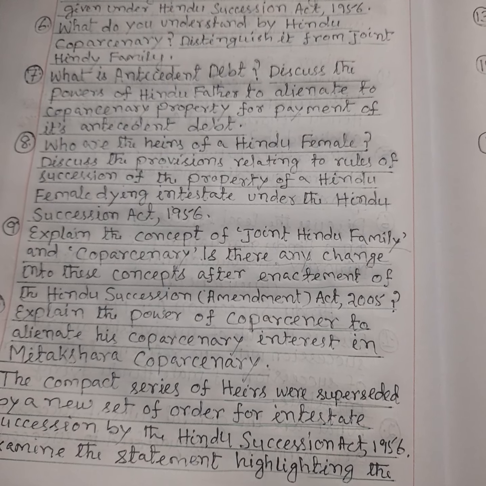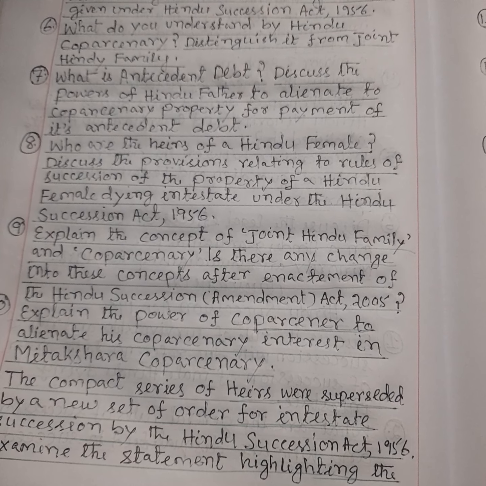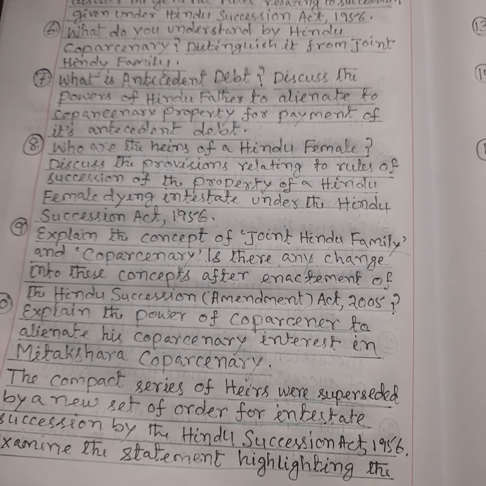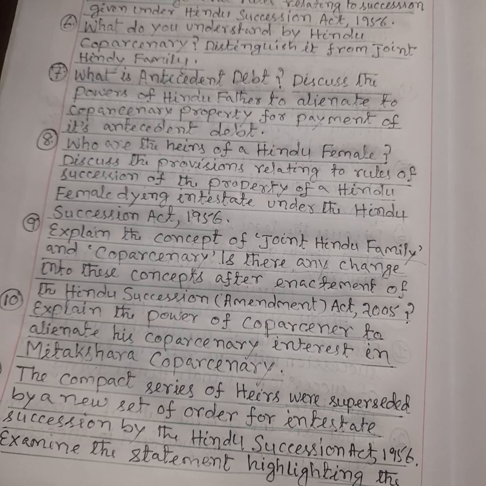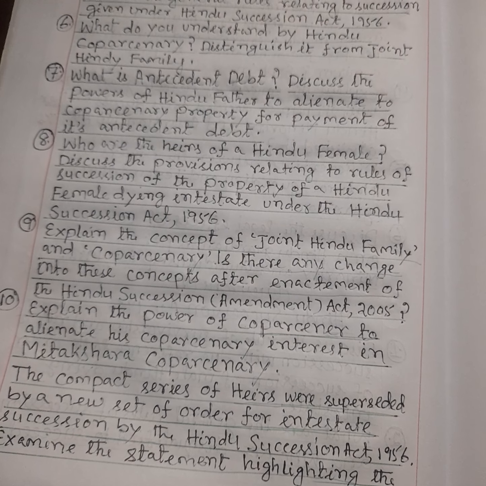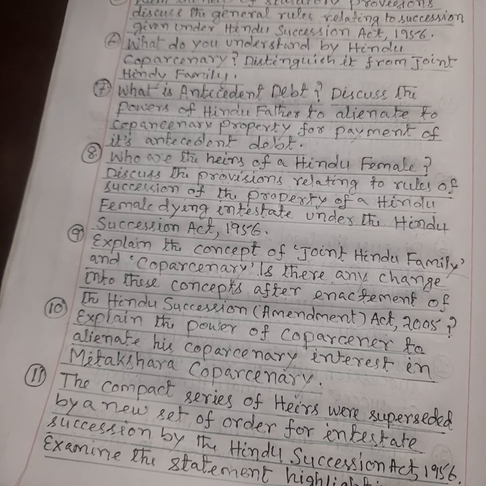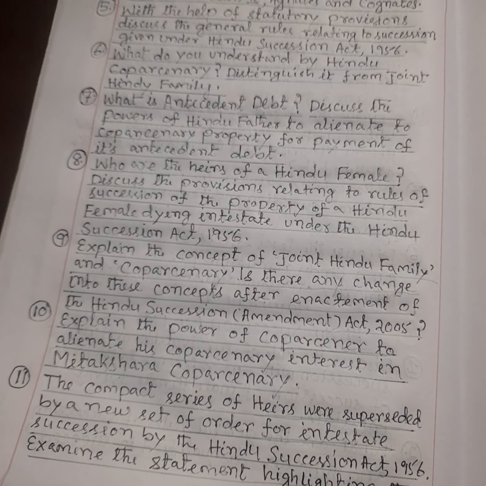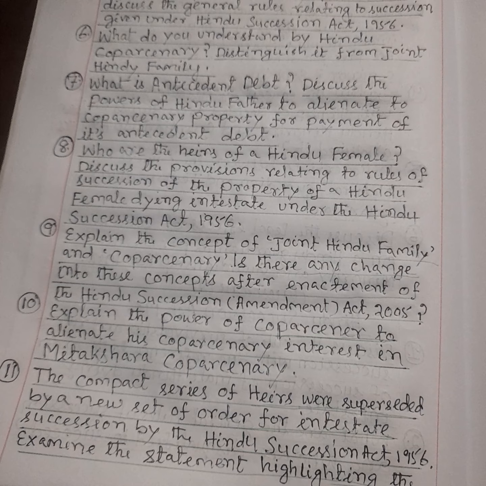So in this list, besides the above three, the widow of a predeceased son, or son of a predeceased daughter, daughters of a predeceased son, daughter of a predeceased daughter, daughter of a predeceased son of a predeceased son, or other legal heirs. So, this is regarding the rule of preference.